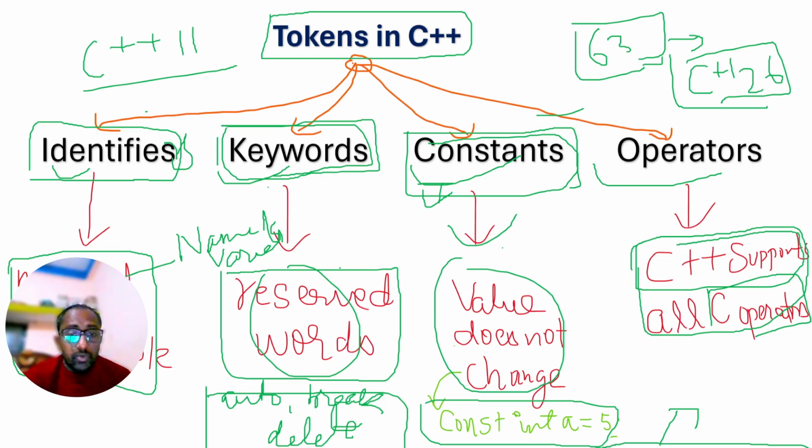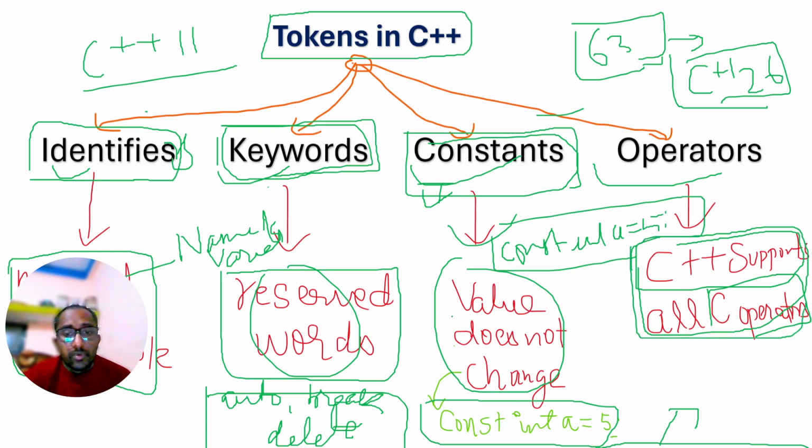So we use the keyword const, like const int equal to 5. This will not be changed later. C++ also supports operators, such as arithmetic, relational, logical, and bitwise operators as well.